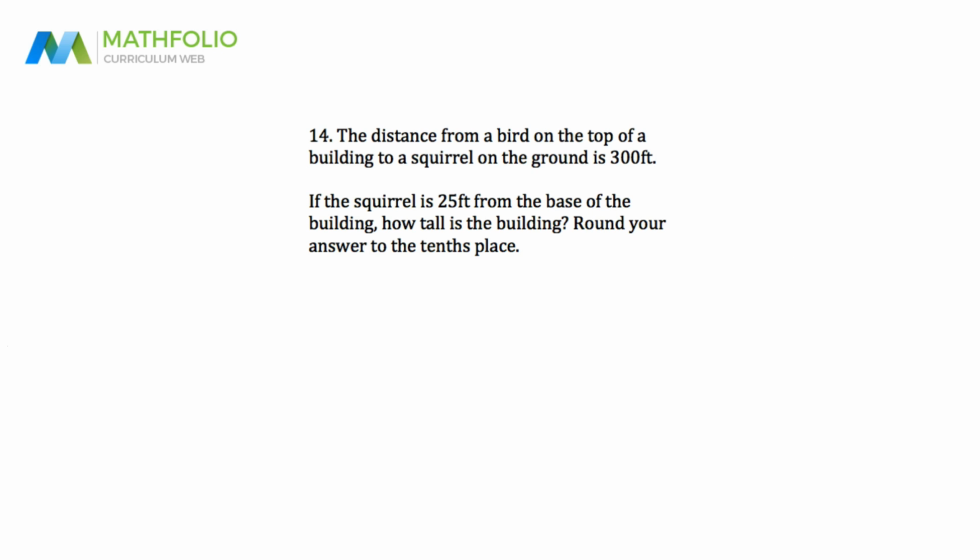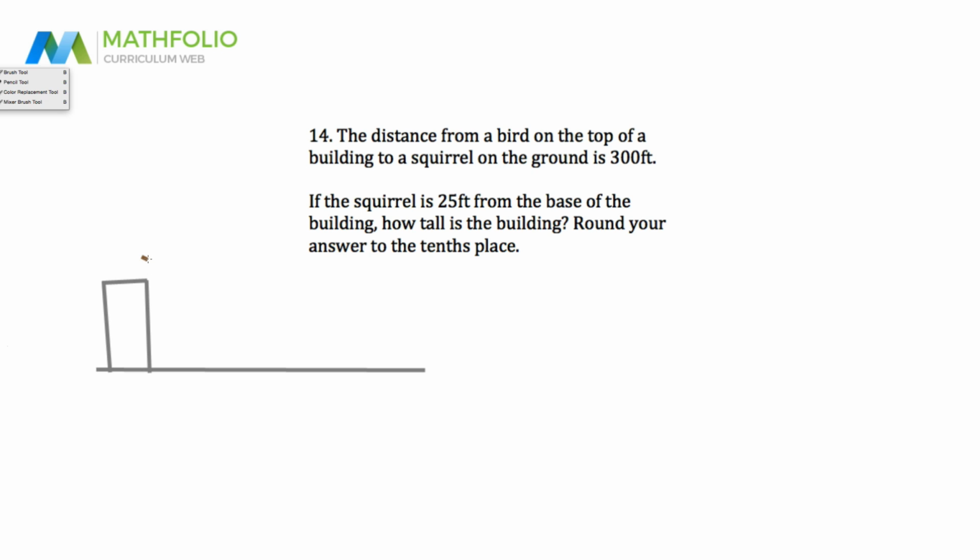Okay, question number 14 is looking like a right triangle question. So we've got the distance from a bird on the top of a building. So it's not looking too straight, but it should be. This is our building. We got some bird up there. So here's the bird. Oops.